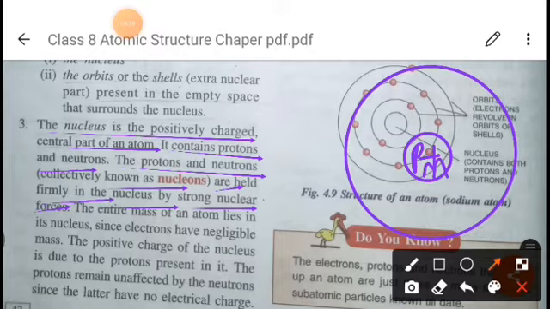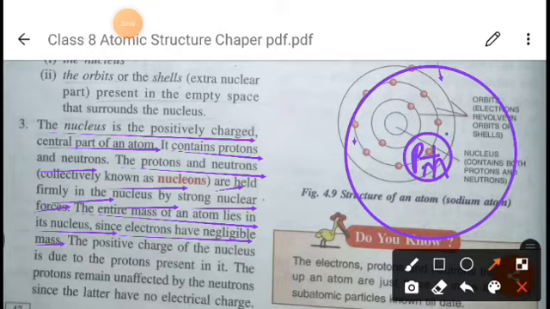And the entire mass of the atom is concentrated in this nucleus, because we know that the mass of the electron is negligible. As you can see, the entire mass of the atom lies in its nucleus, since the electron has a negligible mass, right.